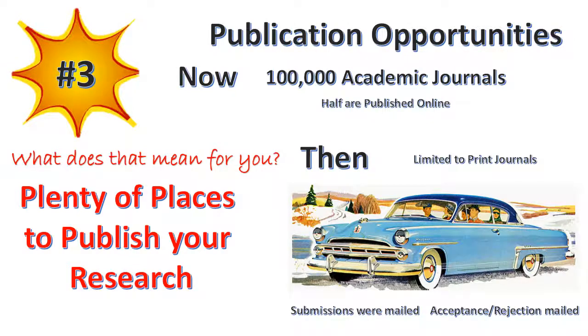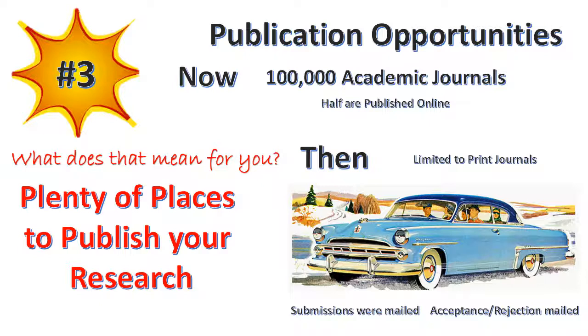Trend number 3 deals with publication opportunities. Historically, there have been a limited number of journals in which to publish your research, and all of them were print journals. And the way that you submitted articles was you sent them in according to the guidelines that they provided you.